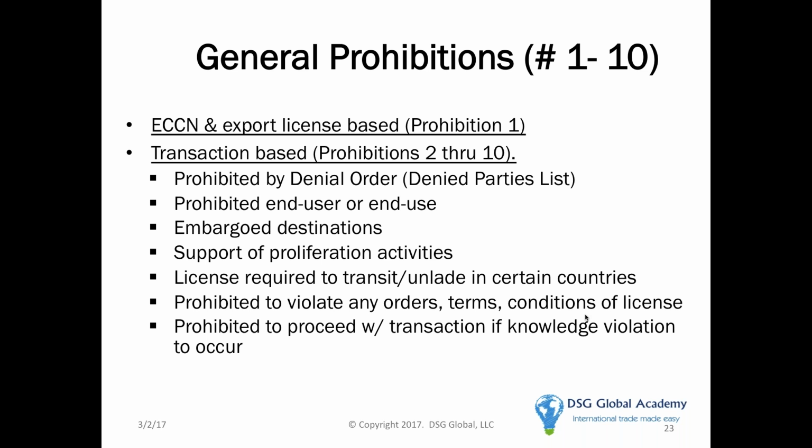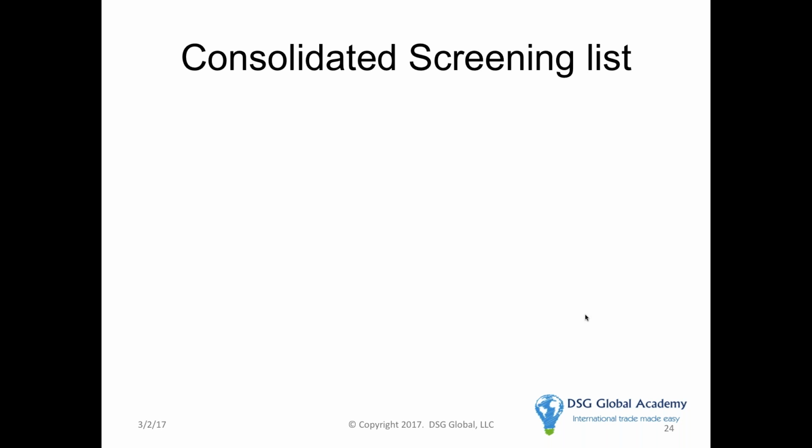If you know what they were going to do, you still have knowledge to prohibit and prevent that transaction. And if that transaction were to go through, you would be liable for a knowledge violation. Therefore, it's very important not to self-blind yourself.